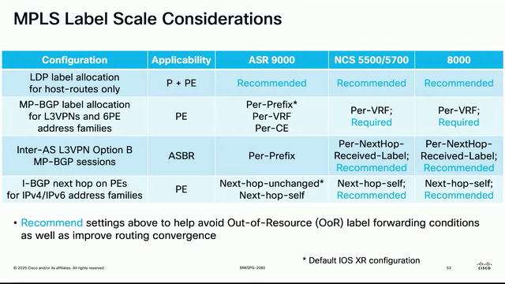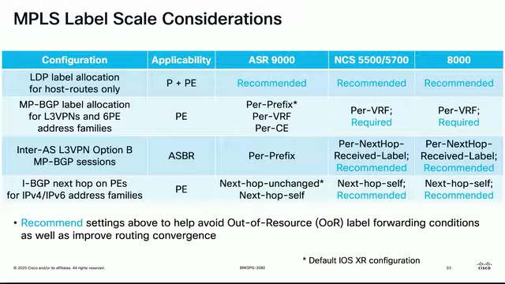On PE, on edge nodes, running layer 3 VPNs or 6PE, the ASR 9000, for example, supported all the different label allocation modes: per prefix, per VRF, per CE, et cetera. On the newer, more modern routers, per VRF label allocation mode is required, okay?